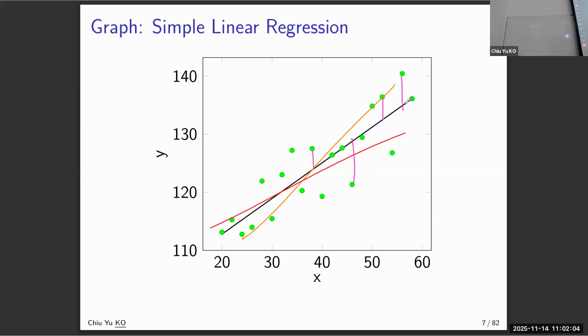The reason we look at vertical distance is because we want to use x to explain y. It's not arbitrary. We are thinking x will be the way to help us explain y. Same as with income and education, we want to see how income can be different because of education.